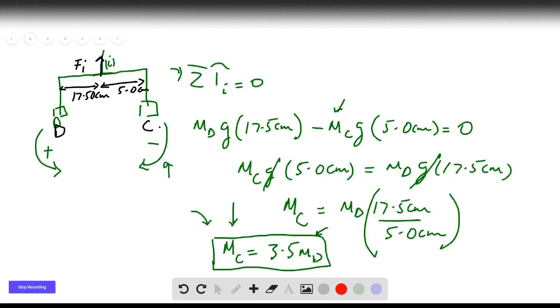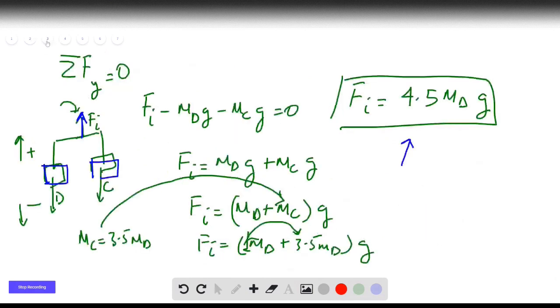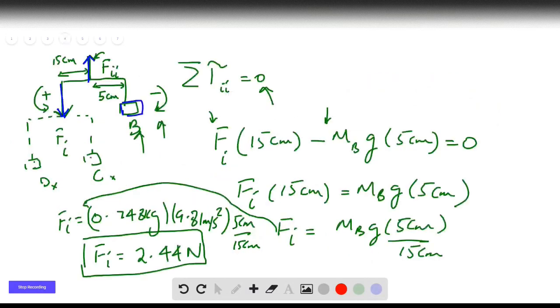So initially, we computed the mass of C based on torque around this level, and then we went on to compute the force that's holding D and C using the equilibrium of force, and that was F subscript 1. It was relative to MD, and we did that by doing a substitution of MC into this equation, and then we're able to compute the exact value of the force holding D and C as 2.44 newtons.